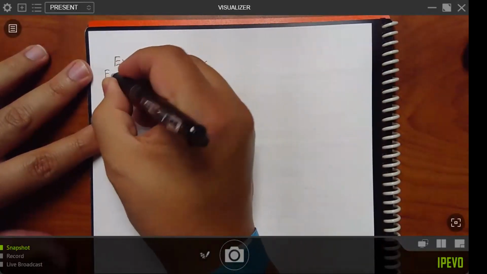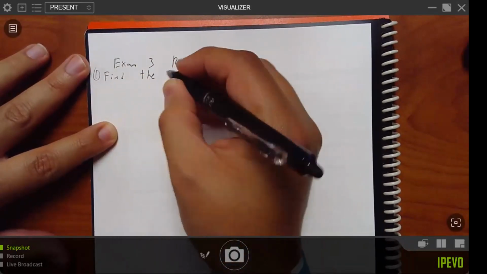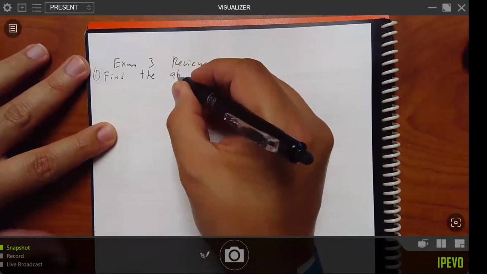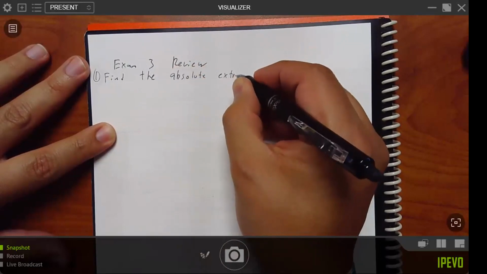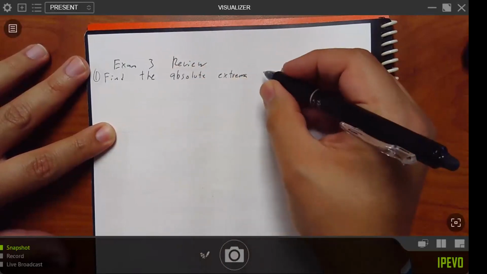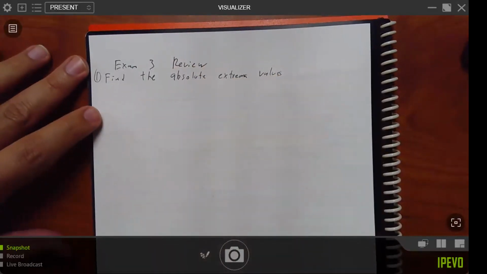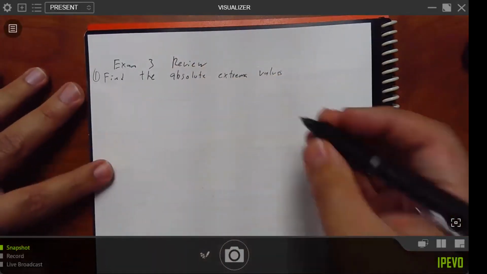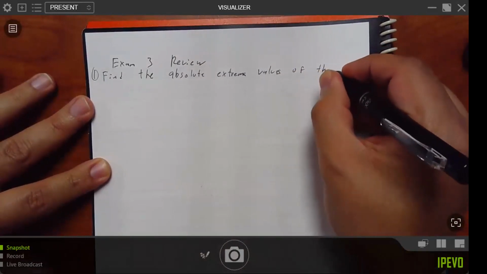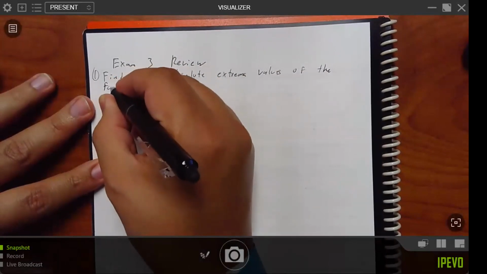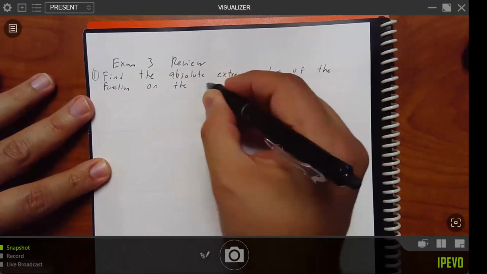All right, number 1. Find the absolute extreme values of the function on the interval.